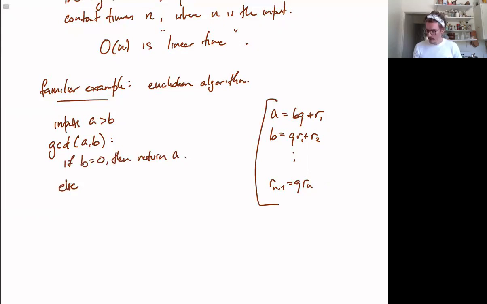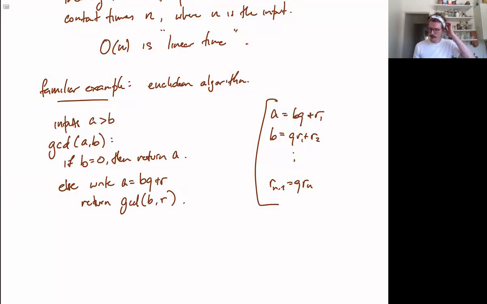And otherwise, we use the division theorem to write a equals b times q plus r, where as in the division theorem, r is the remainder, so it's between 0 and b. And then we return the GCD of b and r.